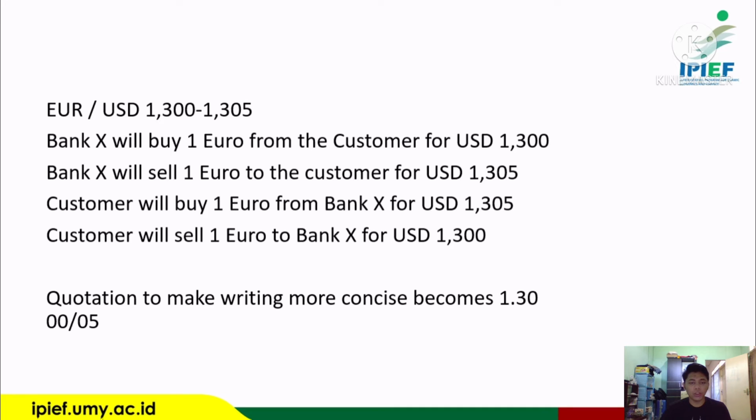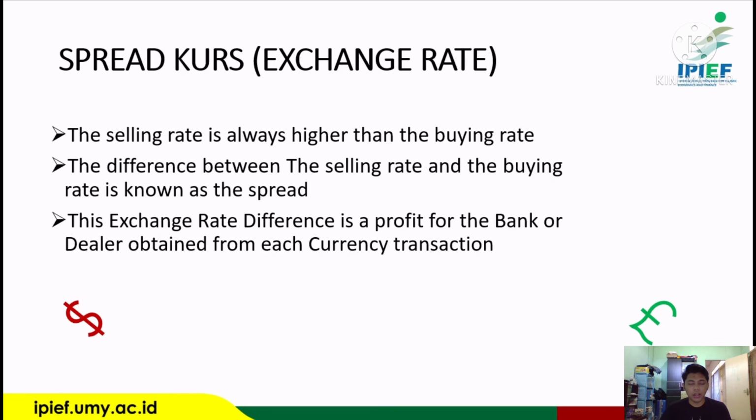For the quotation, to make the writing more concise, it becomes 1.3, 00 over 0.5. Another type of exchange rate is the spread. What is the spread? The spread is the difference between the selling rate and the buying rate.